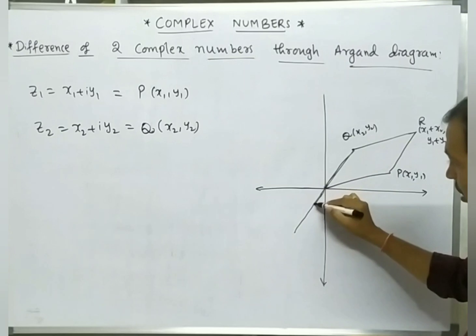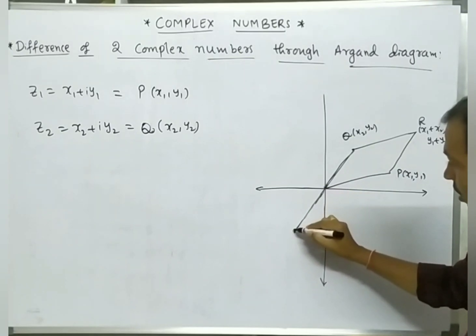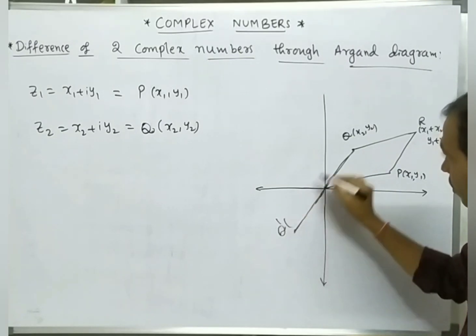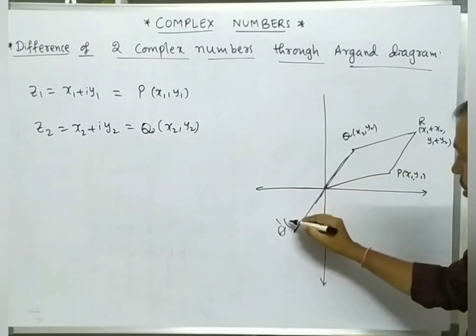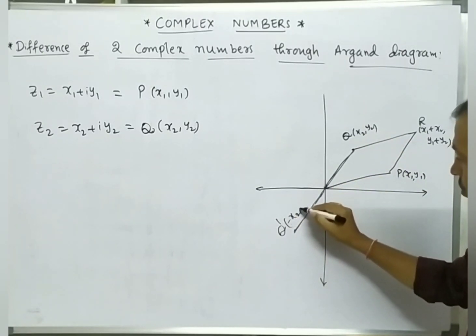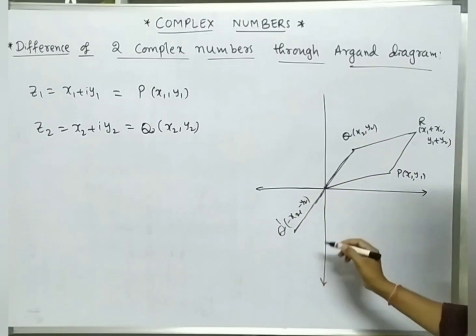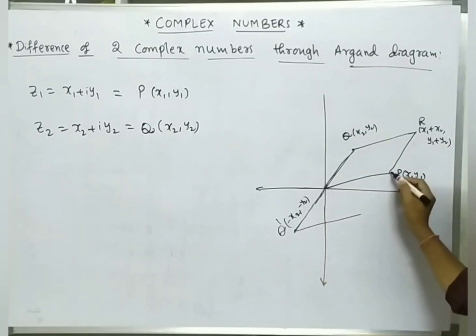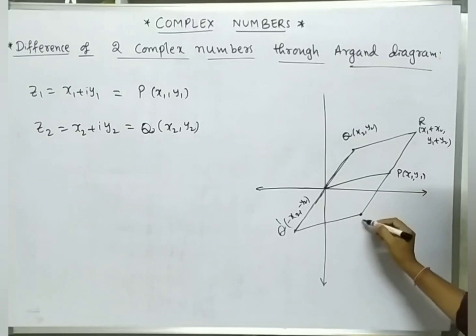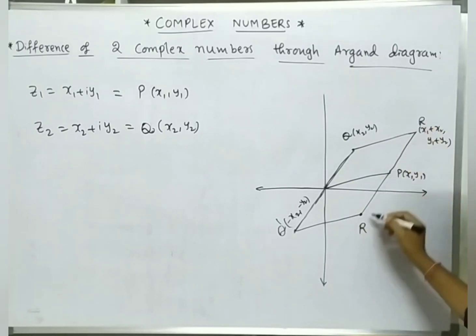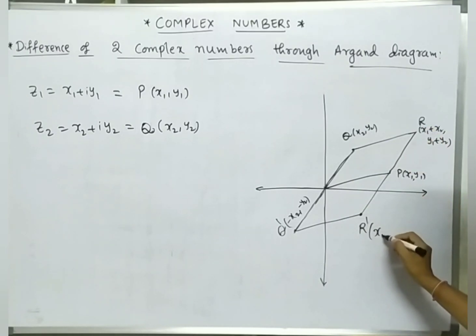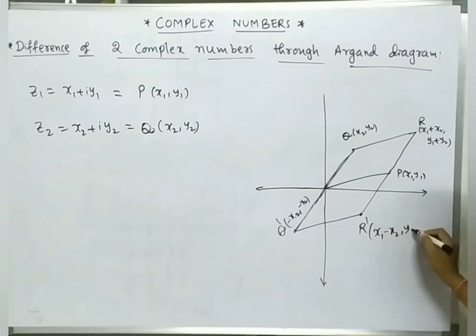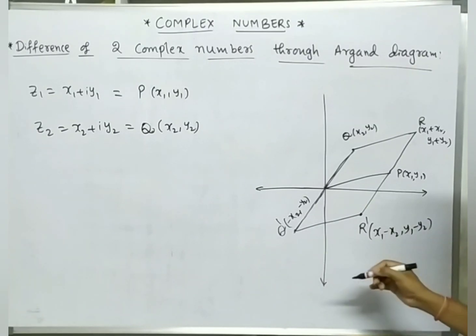So on the back side I am taking the same length, this is Q dash. As this is Q(x2, y2), this is (minus x2, minus y2). Draw a parallel line to this one and add these two. So this coordinate, this is R dash, which represents (x1 minus x2, y1 minus y2).